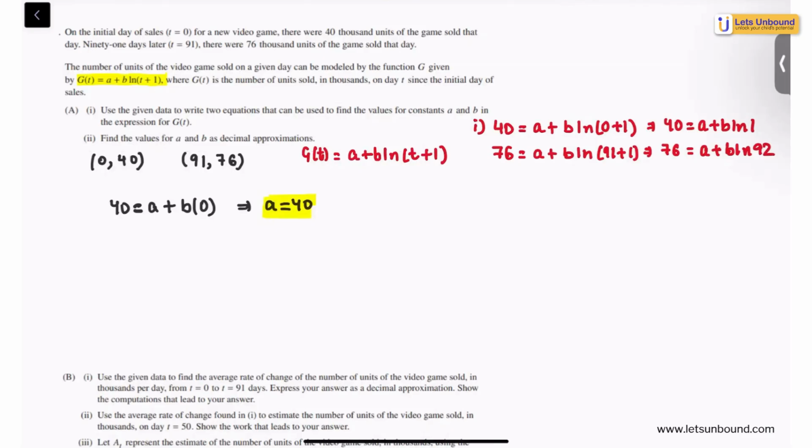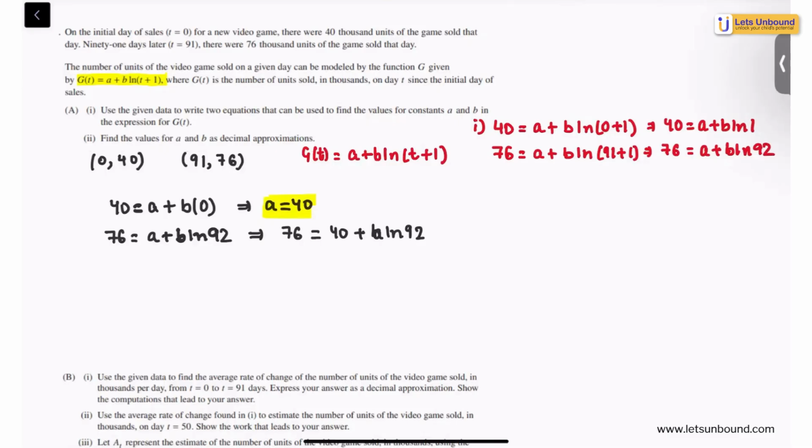And the second part says 76 is equal to a + b ln 92. Now in this case, we can substitute the value of a that we have already got from the first equation, which is 76 is equal to 40 + b ln 92.